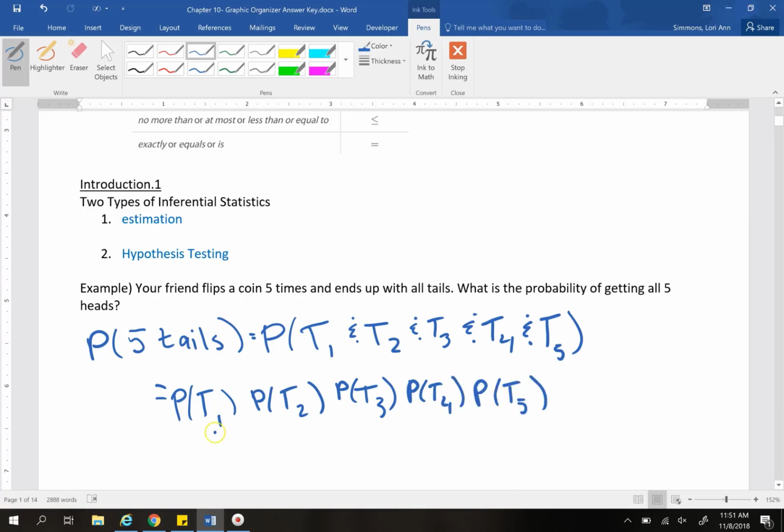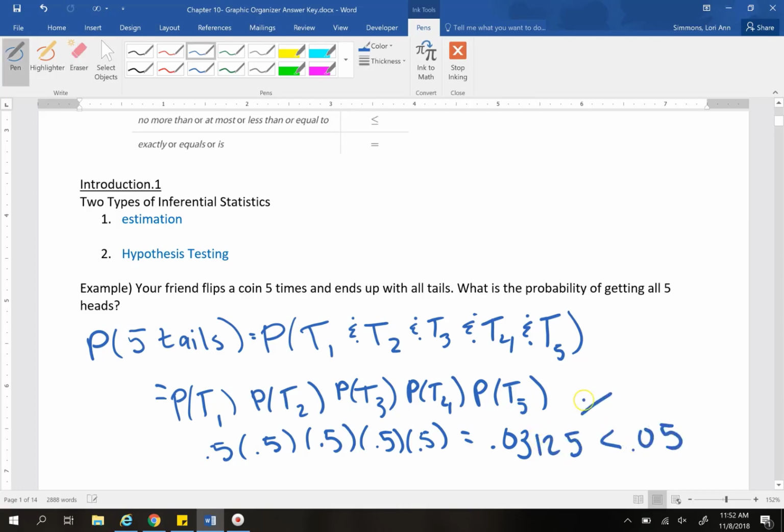And the probability of flipping a tail is 0.5 each time. So when you do that, you should get 0.03125. This is less than 0.05, so this would make this unusual.